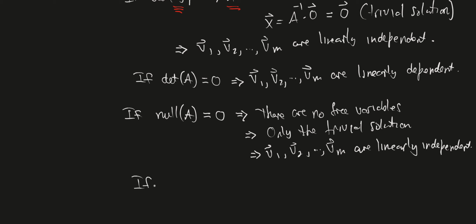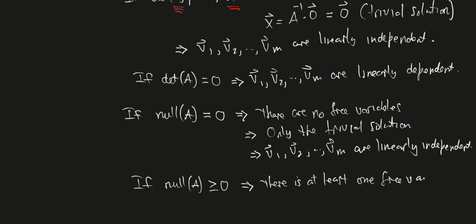So if the nullity of your matrix is greater than or equal to 1, then this means there is at least one free variable, which means you have to have infinitely many solutions, right? That's what free variables are. You have lots and lots of solutions, so there would be non-trivial ways to combine the vectors to get the zero vector, right? So you'll have infinitely many solutions.